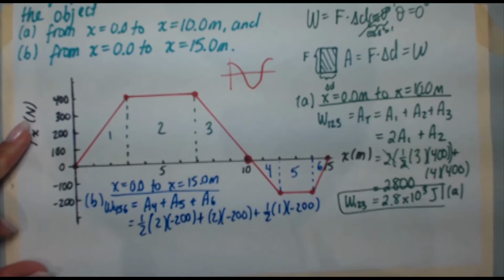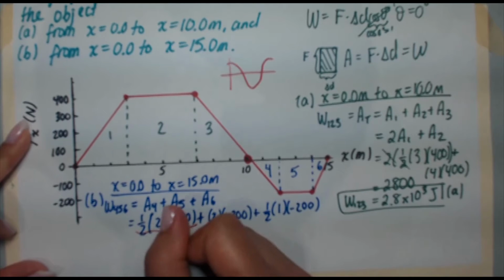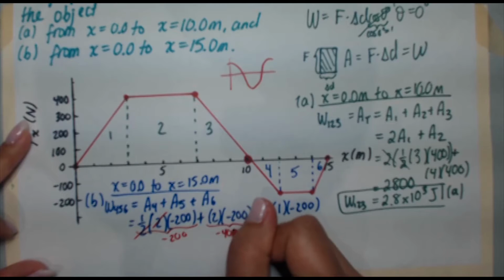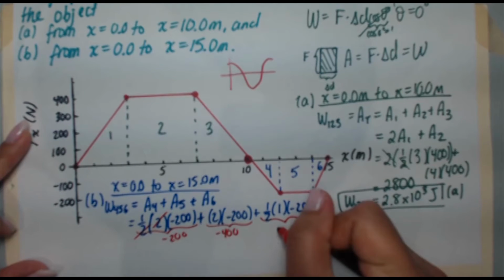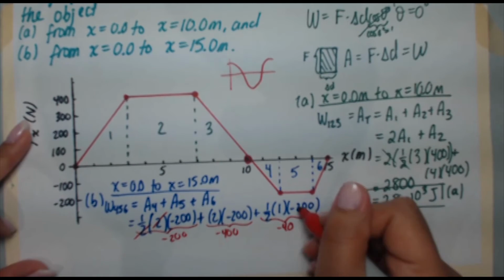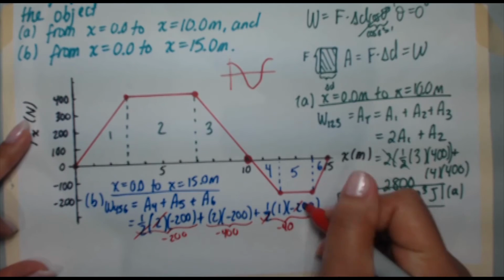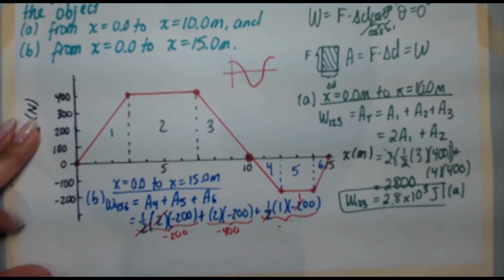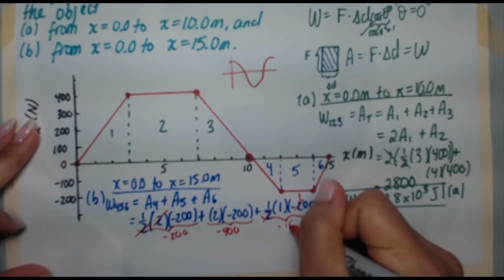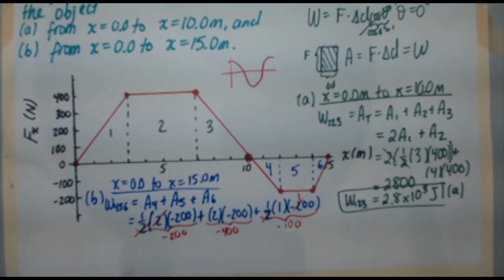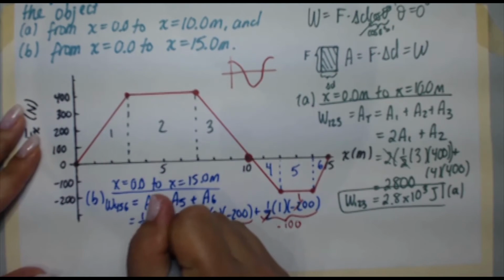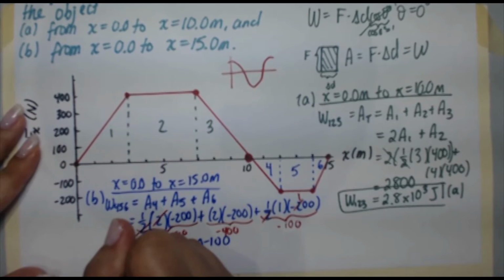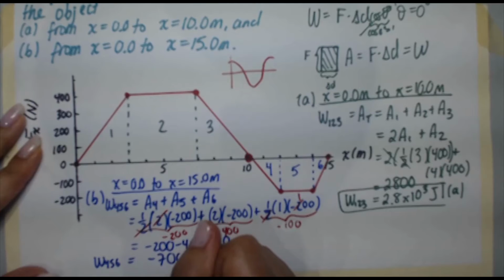For example, this first part, you're going to get minus 200 because these twos cancel. Here you're going to get minus 400. And here, well, actually, not 400. The 2 cancels with that, making that a 100, so that's actually going to be minus 100. So we do minus 200, minus 400, minus 100, and you get the work from 4, 5, and 6 is equal to minus 700 joules.